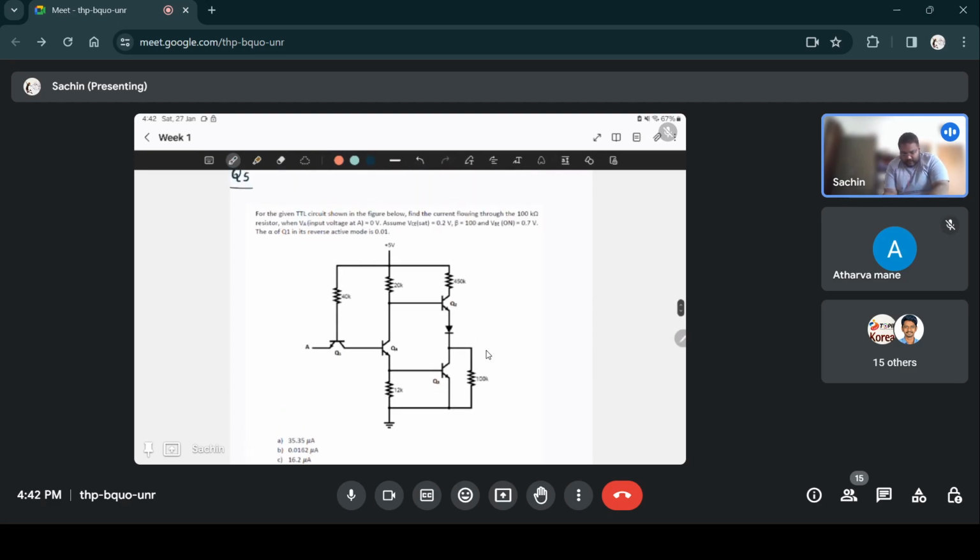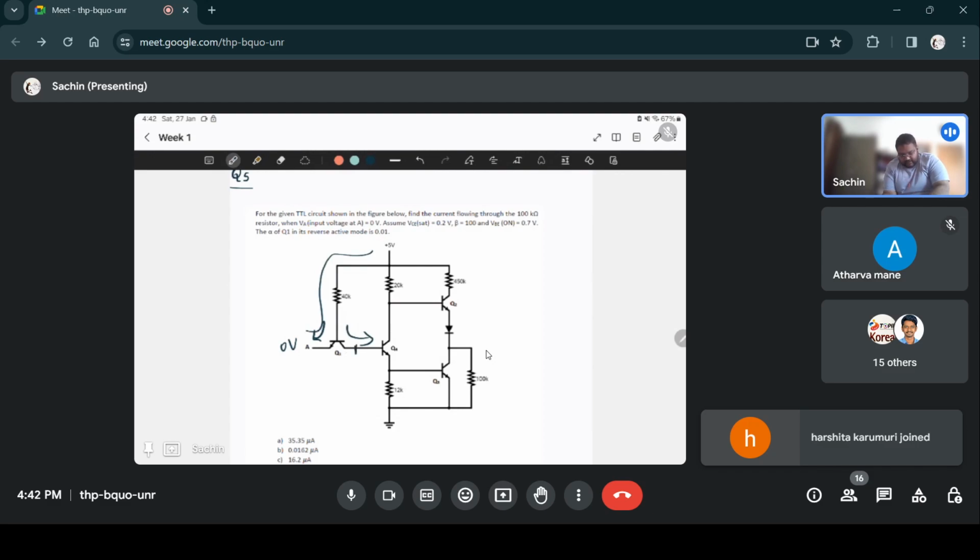Okay, here they have given that A is low, input voltage at A is low, that is 0 volts. What that means is, since this base is connected to 5 volts through this 40k resistor, and this is connected to 0 volts, this junction will be on, so all the current flows through this path, so no current will flow through this path.